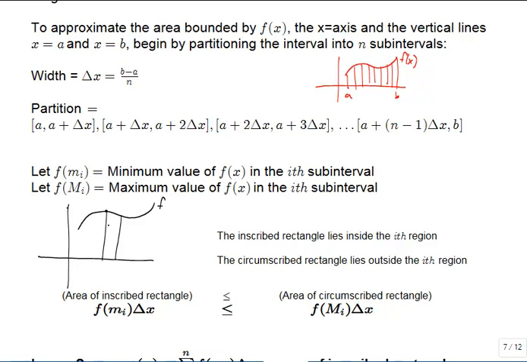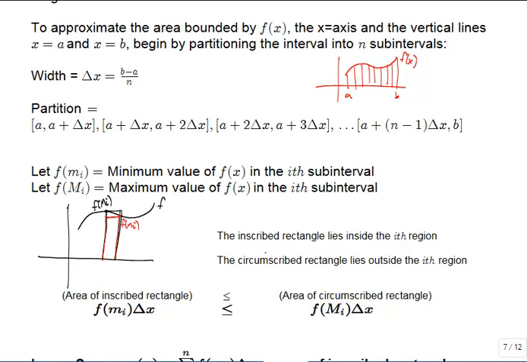That may not always be the case that you have the maximum at the left. But if I draw this over and across, then this is f of big M sub i. And then if you look at that same little section of the graph, the right endpoint corresponds to the lowest y value. So that would be f of little m sub i. And that would be this little red rectangle right here.